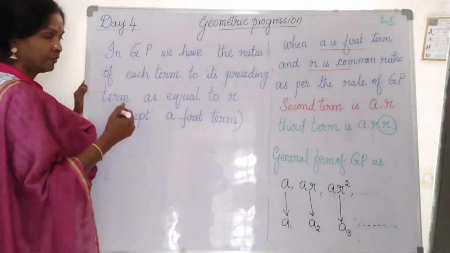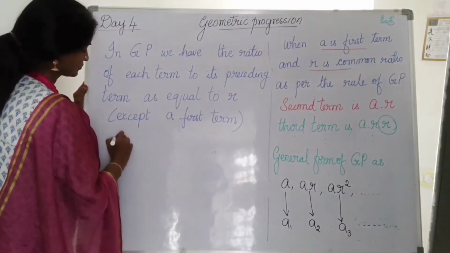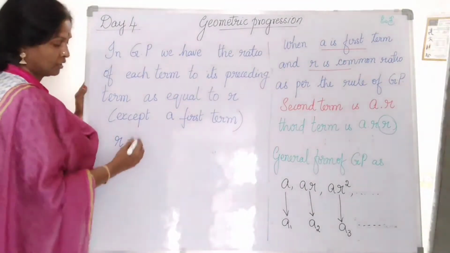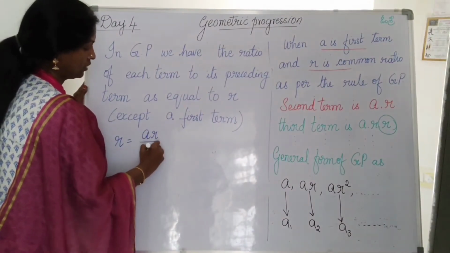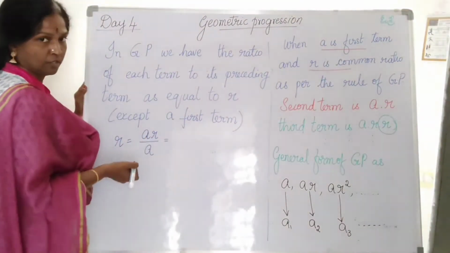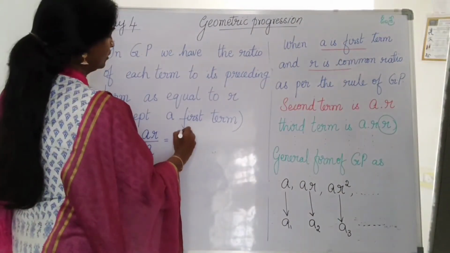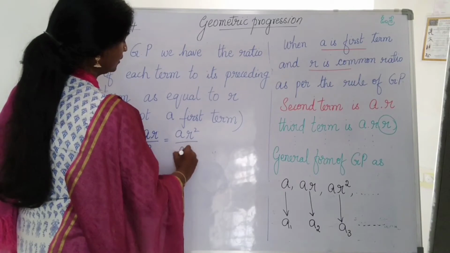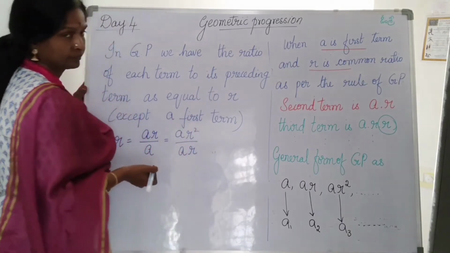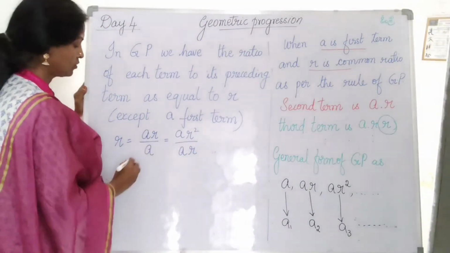Okay. So when you consider R, you can say that AR by A is equal to AR square by AR. So that means what?